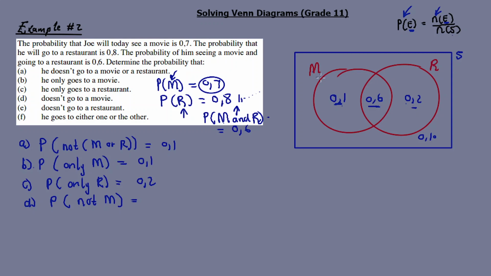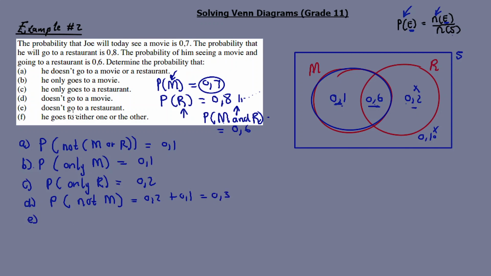This is the probability of me going to the movie, which is 0.7: 0.1 plus 0.6 is 0.7. Not going to the movie, it's this one and this one, so 0.2 plus 0.1, which is 0.3.